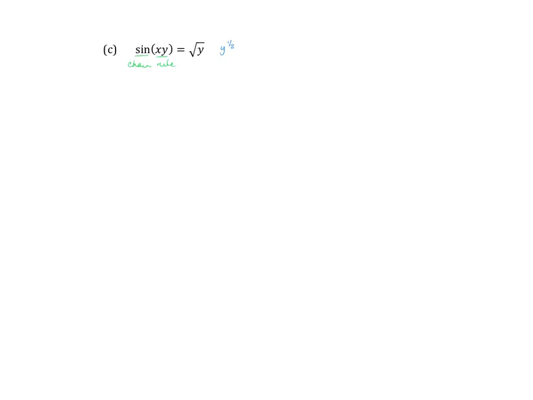On the left-hand side, remember what the chain rule says. The outside function sine, I take the derivative of the outside, inside stays the same. So this becomes cosine of xy times the derivative with respect to the variable x of xy.